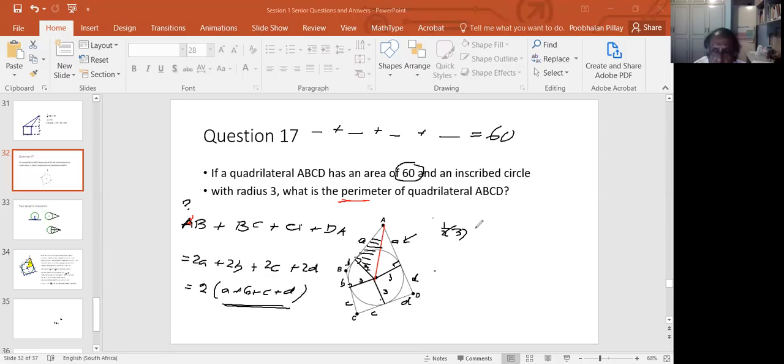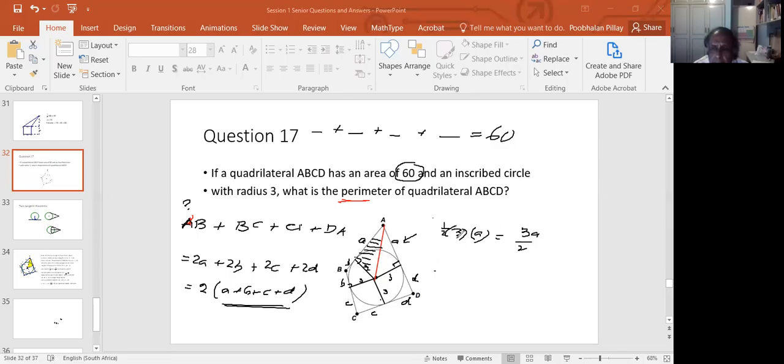It's a right angle triangle. So the area of this piece is 3a over 2, or a half of 3a. But this piece here, also the area of this is half of 3a. It's exactly the same triangle. So therefore, you've got another half of 3a.